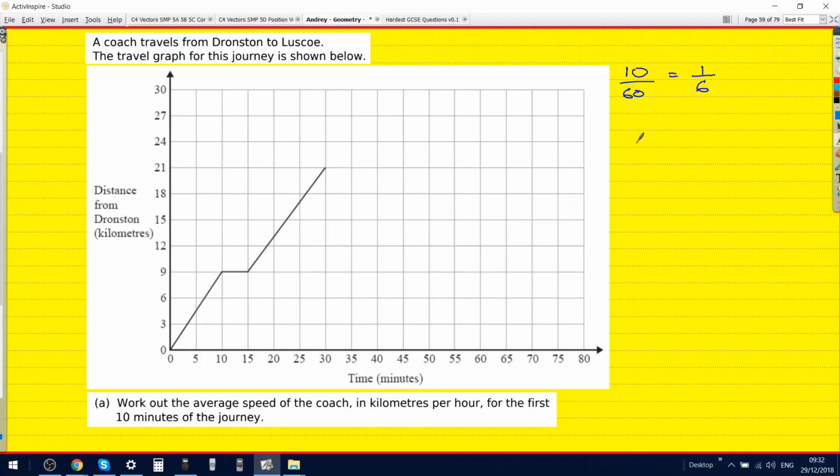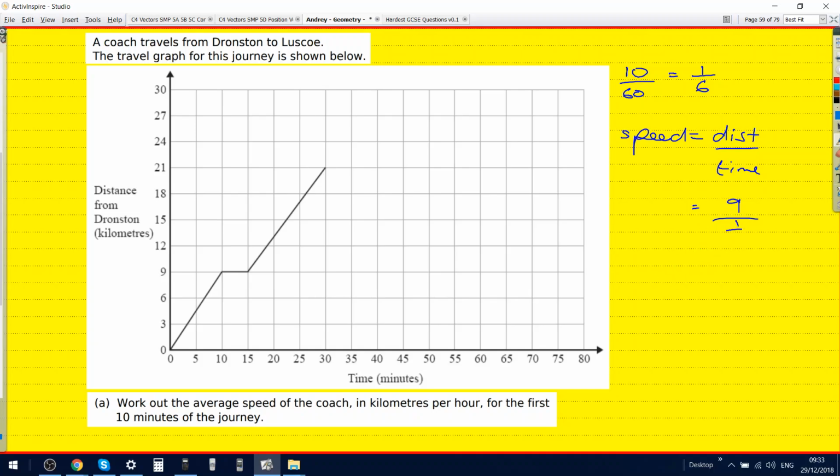So we want the average speed. Speed is distance over time. What was the distance for the first 10 minutes? 9 kilometers. What was the speed? No, sorry, what was the time? It was 10 minutes, which we changed into 1/6 of an hour.